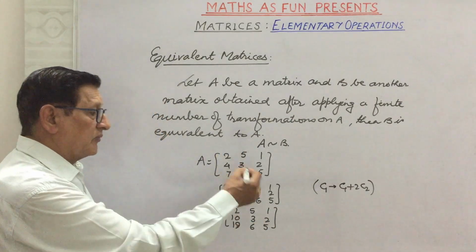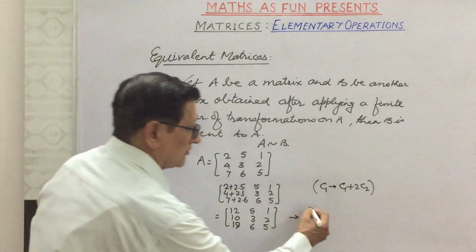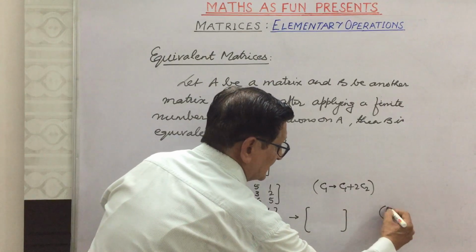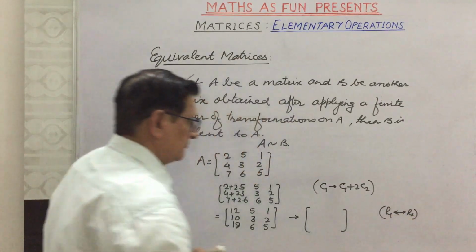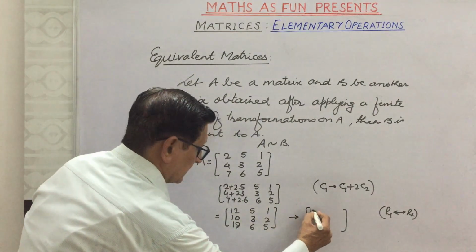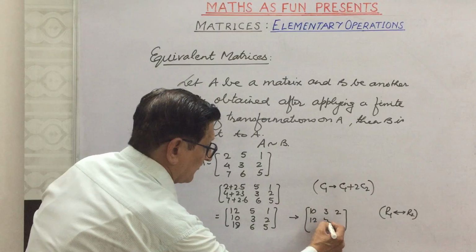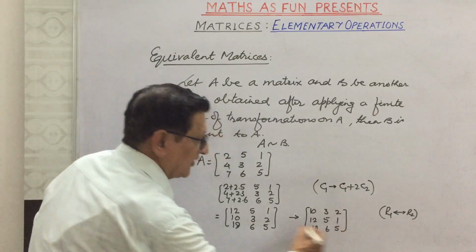Suppose we perform one more operation in this, as R1 interchanging with R2. Then it will become 10, 3, 2, 12, 5, 1, 19, 6, 5.